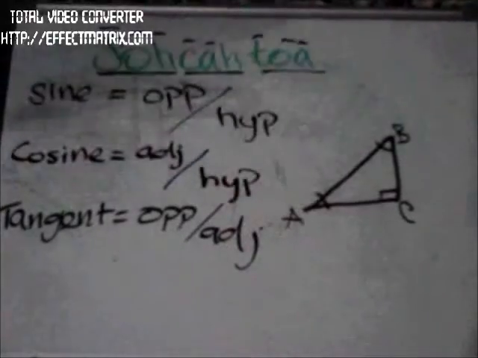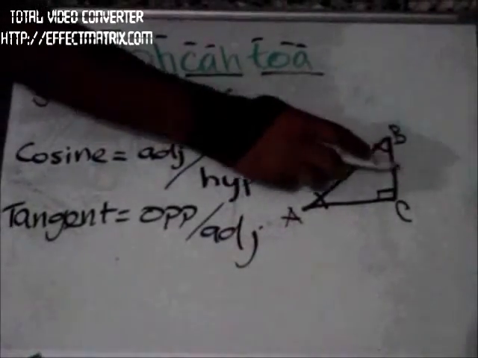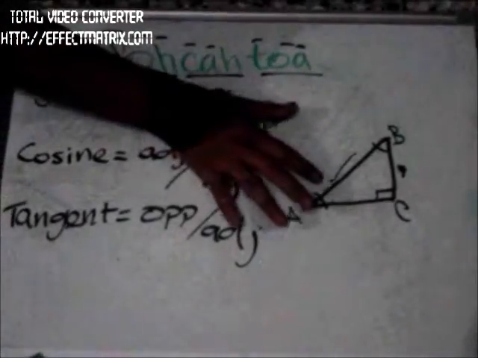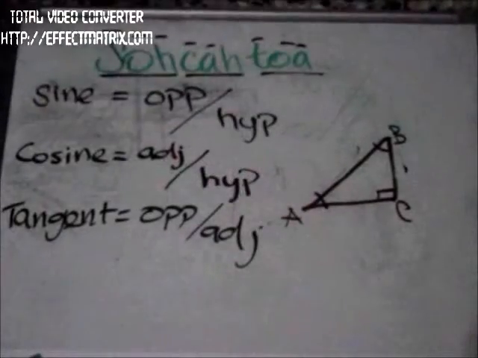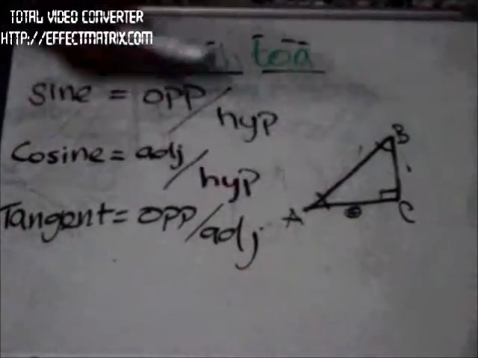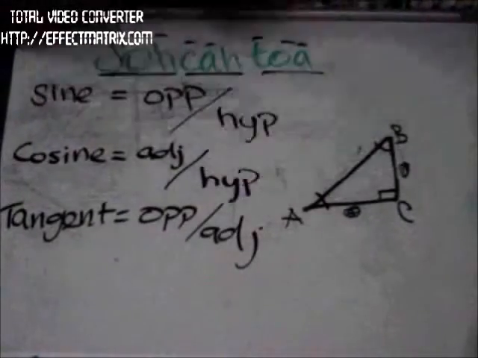Now the cosine of B would be the adjacent side, this side, over the hypotenuse again. And the tangent would be the opposite side, this one, over the adjacent side.